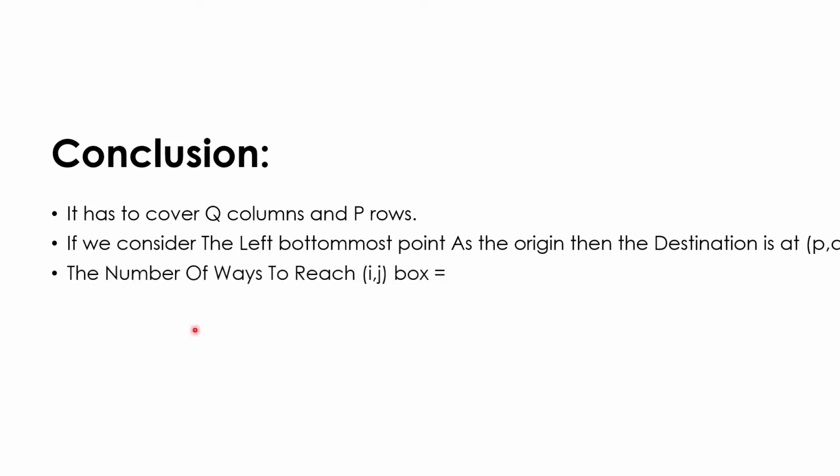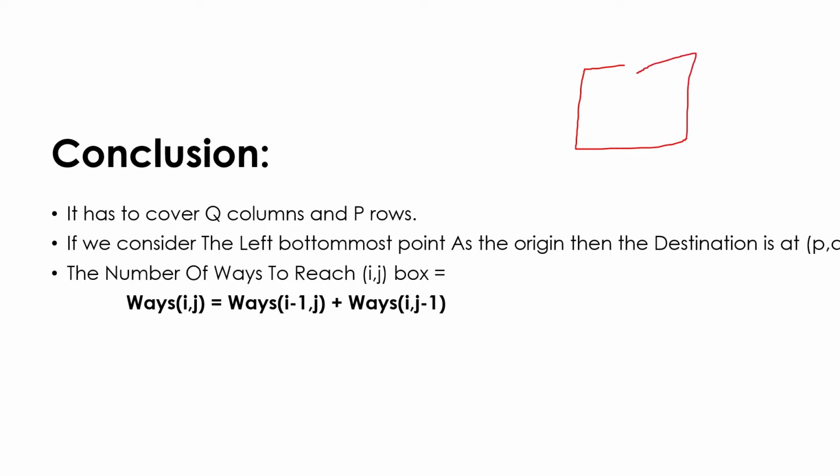So the number of ways to reach the i comma j box, where i comma j is a random box, is the number of ways to reach i minus 1 comma j plus the ways of i comma j minus 1. Assume that this is our chessboard, and let's say this is 2 comma 3.